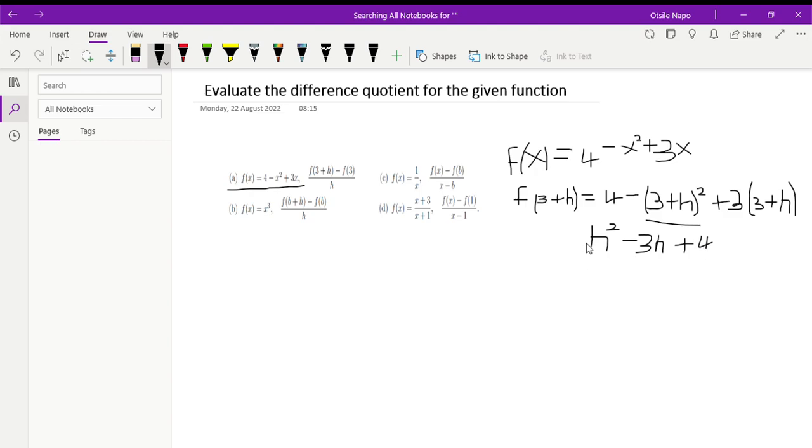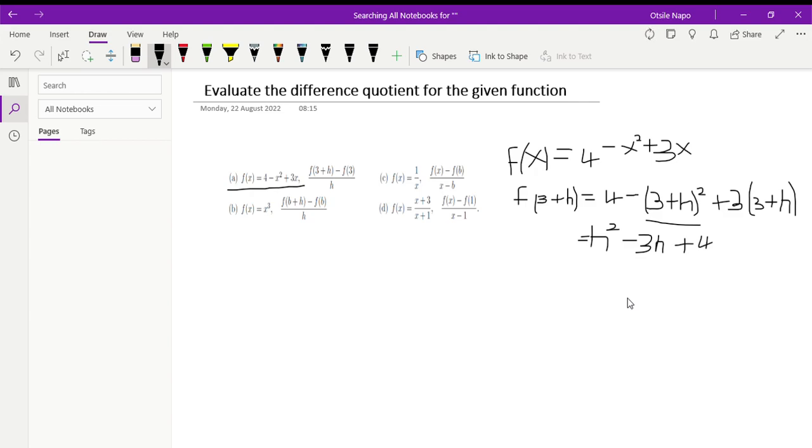Then since we have simplified and added the common terms, now we match the two.